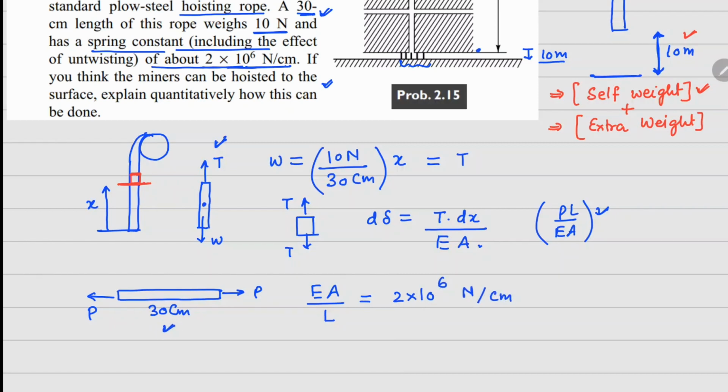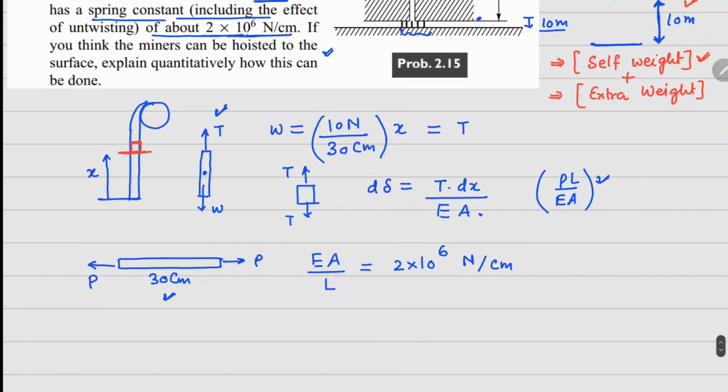Now what is the length of this section? This is 30, so L is 30. This gives us an EA value of 60 times 10 to the power 6 newtons. So this is one constant that we can use in this relationship right here.